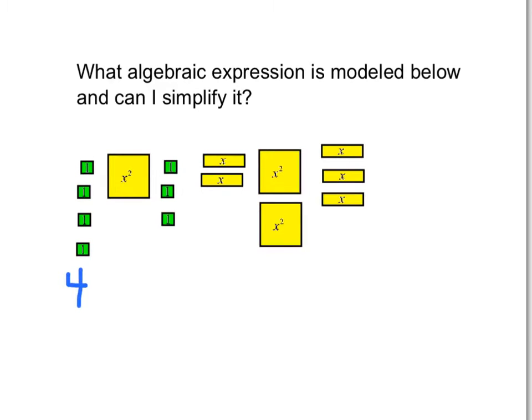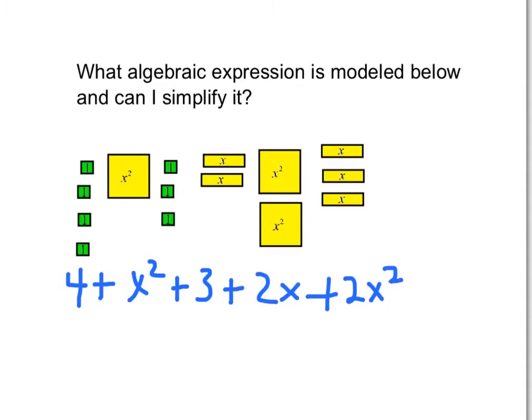Then I have this x squared right here, so plus x squared. Then I have these 3 ones, so I'm going to add 3 more ones. Then I've got these 2 x's, so plus 2x. I've got these 2x squareds, so plus 2x squared. And then I've got these 3 x's, which I'll call plus 3x.